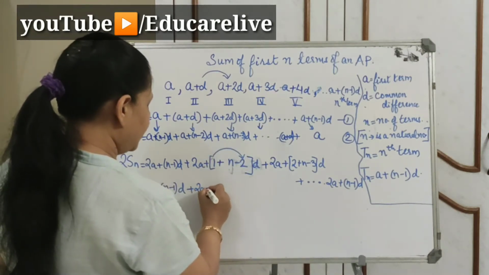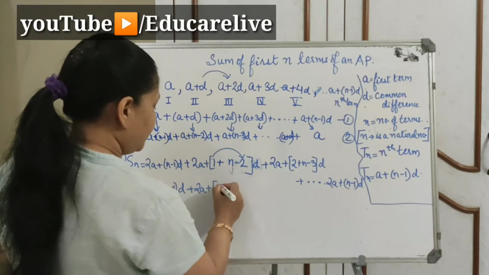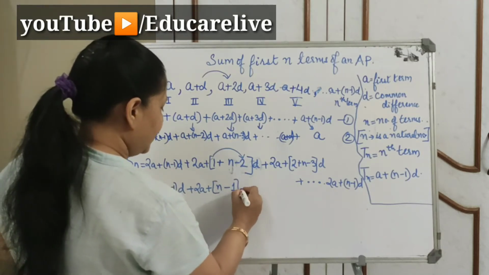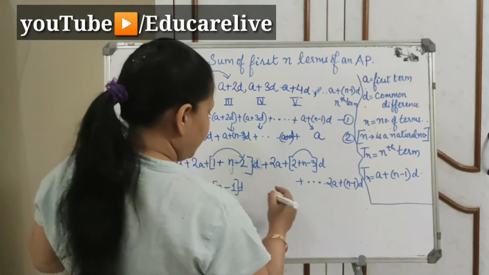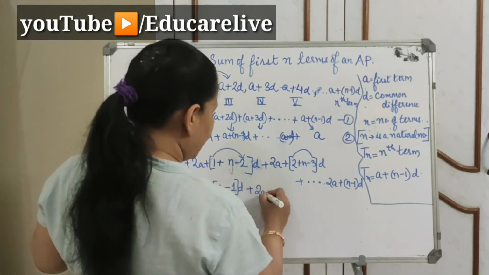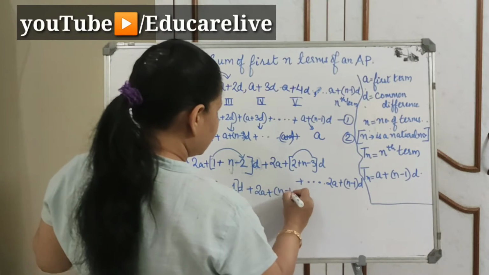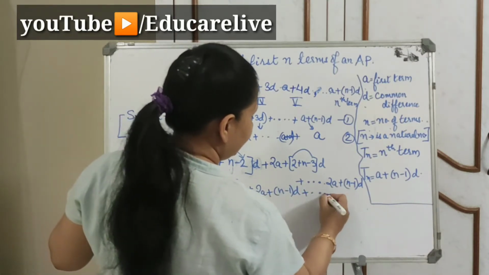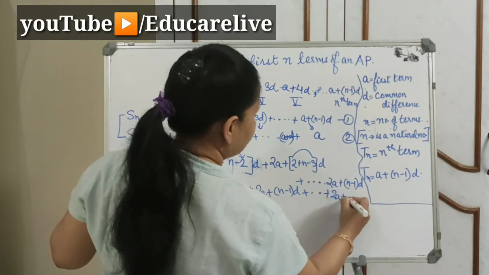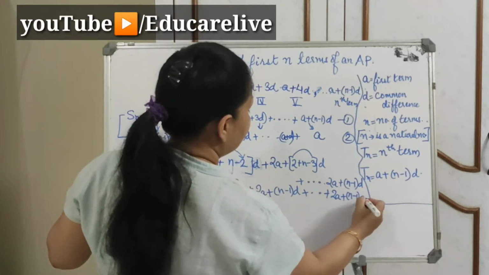So this will be again 2a plus n minus 1 d. Okay. Again we'll have here 2 minus 3 is again minus 1. So we'll again have 2a plus n minus 1 d. And for the last term we have this one, 2a plus n minus 1 d.